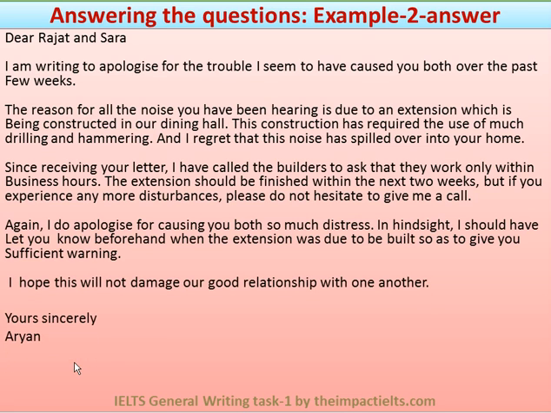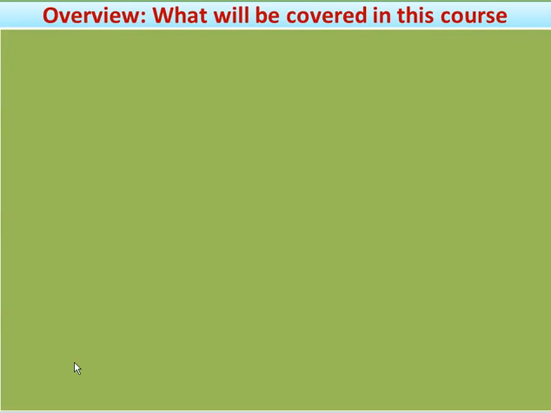I hope you have been able to understand the structure part, and also the type of questions and the type of letters, right? Now, I'll give you an idea of what exactly is going to be covered in this entire video lesson series.